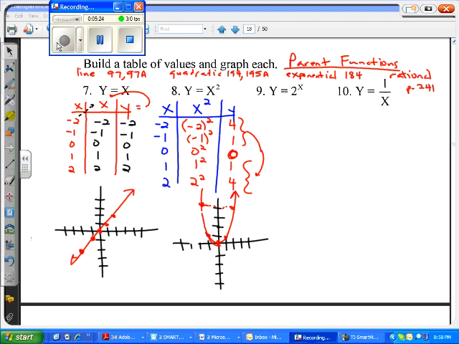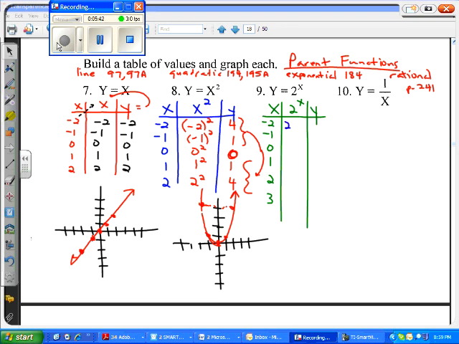Y equals 2 to the x is exponential. The thing we have to remember about exponentials is the negative on the exponent reciprocates it.